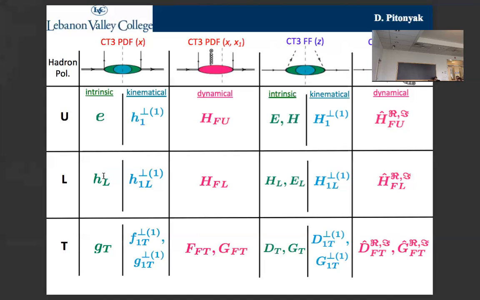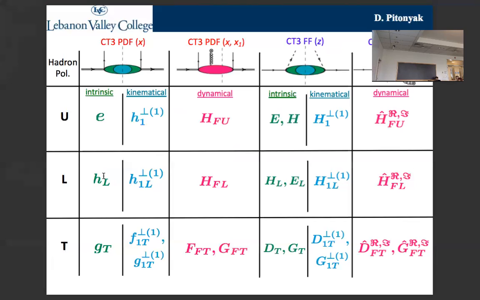But when we go to the dynamical functions, which are quark-gluon-quark correlators, because the gluon is involved, we now have a dependence on 2 momentum fractions, x and x_1. At certain kinematical points, for example the soft gluon pole when x equals x_1, there are some connections between these dynamical functions and the kinematical ones.